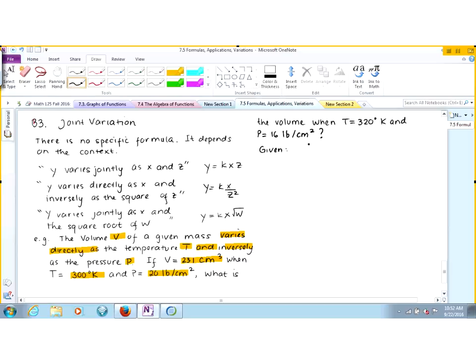So what am I supposed to write? What's my formula? V equals K times T over P. So you can write it KT over P or K T over P. It doesn't matter as long as the K is on top. So K is on top.